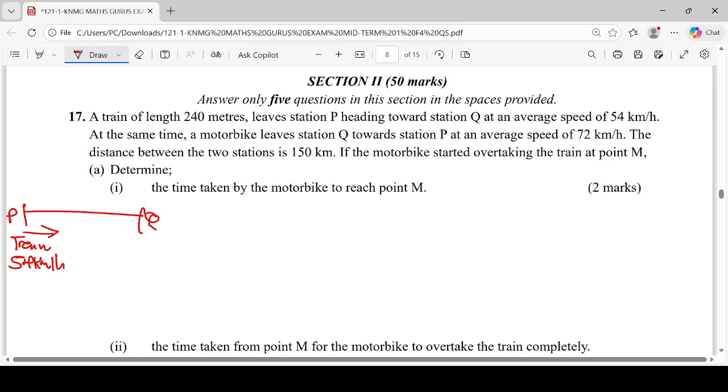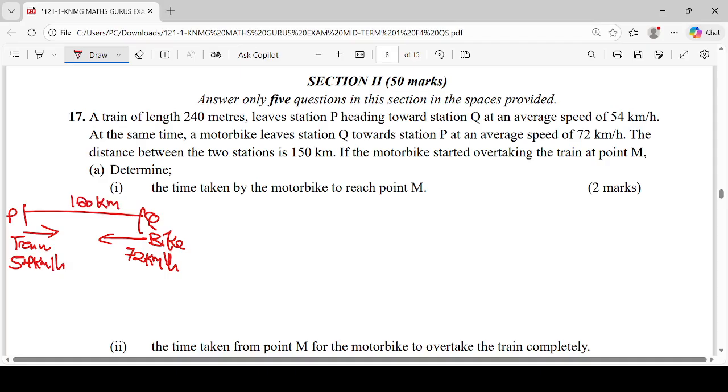At the same time, a motorbike leaves Q towards P at a speed of 72 kilometers per hour. The distance between the two stations is 150 kilometers.